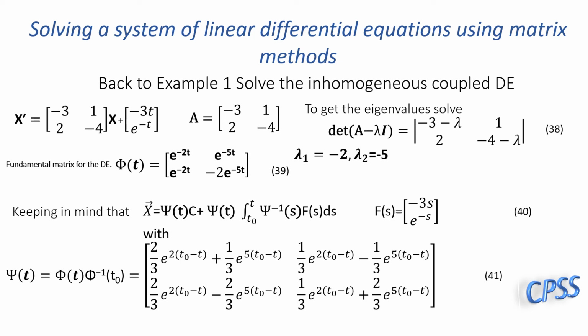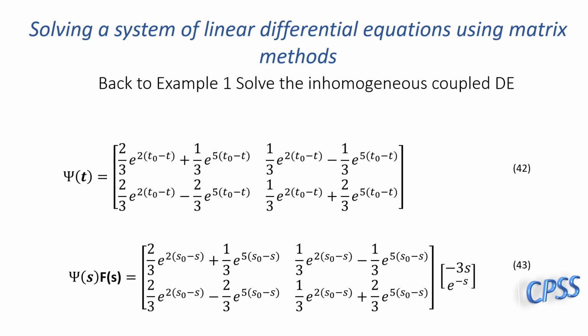So in order to calculate the new fundamental matrix related to the matrix exponential solution, we use the fundamental matrix in equation 39 and multiply it by the inverse as a function of t naught, and we'll get the new fundamental matrix, which is related to the matrix exponential solution.